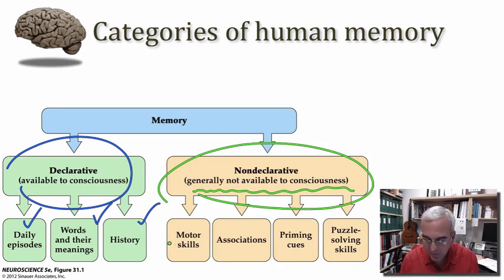So in this category would be motor skills, for example. Learning to ride a bicycle, learning to ice skate, or learning to do some other motor skill that once acquired seems to be with us perhaps for life. Of course, depending upon how often we practice and resurrect that skill.